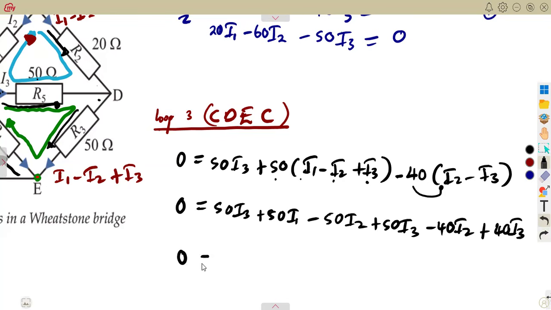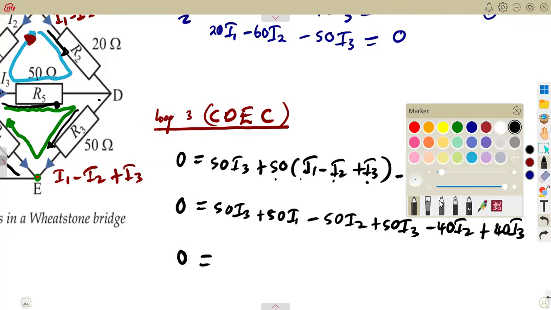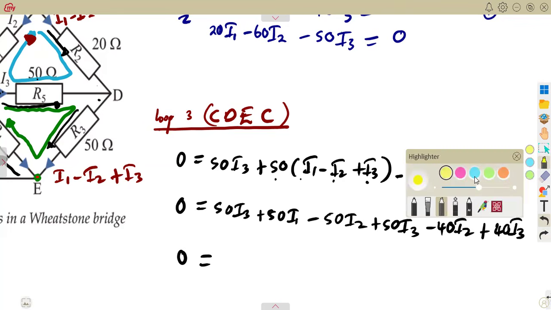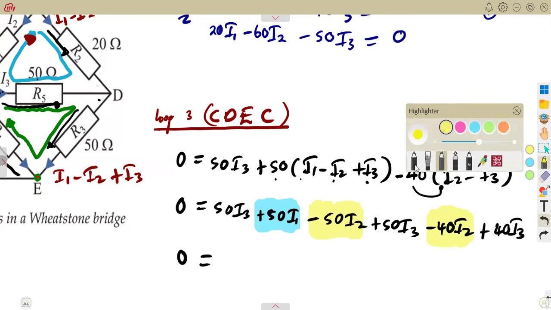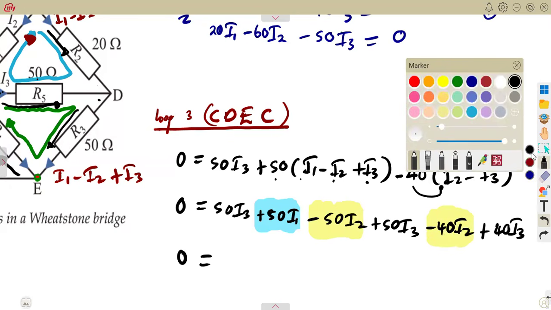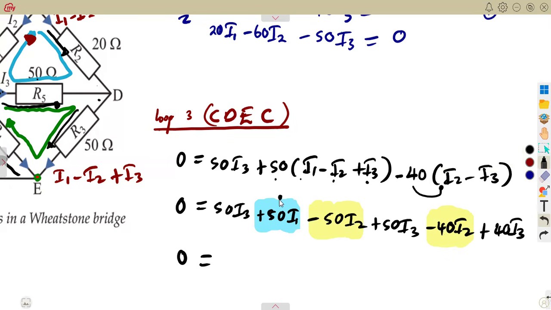Then you can consider collecting the like terms. Are we having any like terms? Considering I1, that's the only I1 that we have. Let's move on to I2. There is minus 50 I2 here and minus 40 I2 there. Then the remaining is I3. So we only have this part of I1, that's 50 I1.